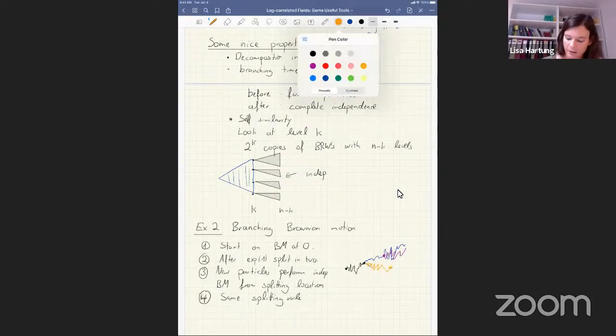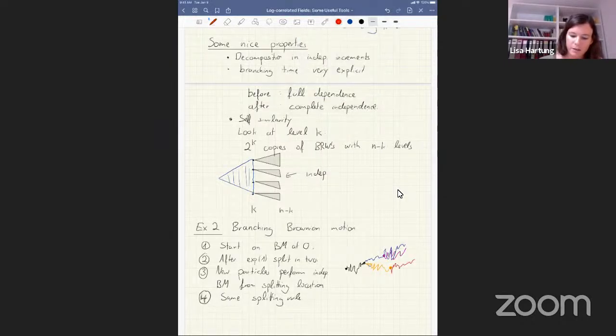And then I get 2 independent Brownian motions from here and so on. So it's very similar to the branching random walk, only that now I don't always jump by one time step. I make the waiting times until I branch exponentially distributed to make it a continuous time Markov process.